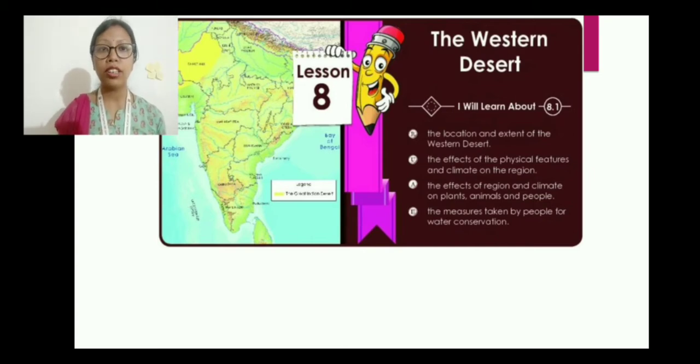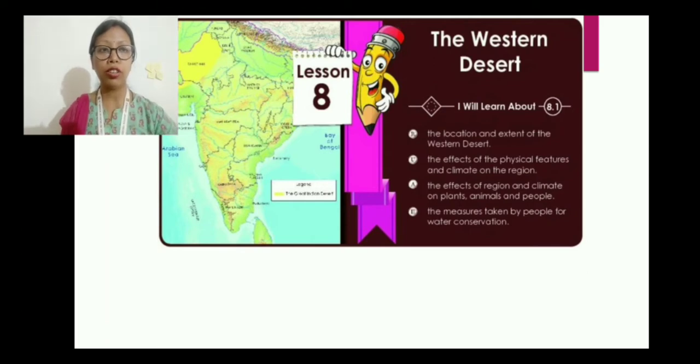It is because there are no mountains or anything that can stop the rain-bearing west wind. So the rain-bearing wind just passes away over the Thar Desert, and that is why very little rainfall can be found in this region.